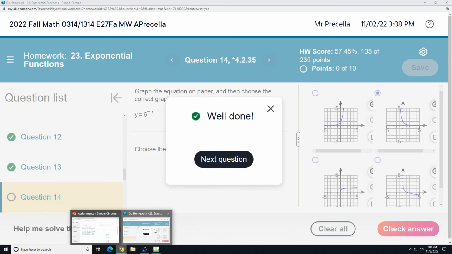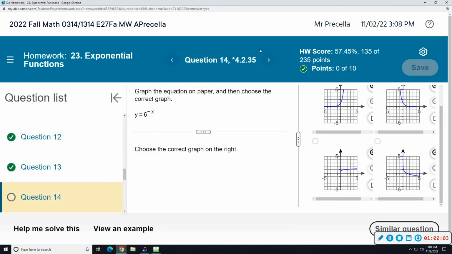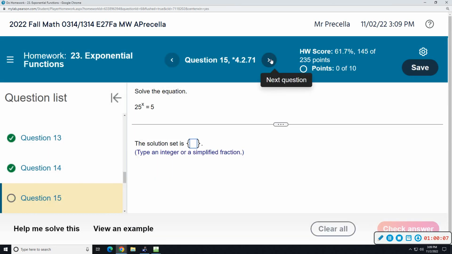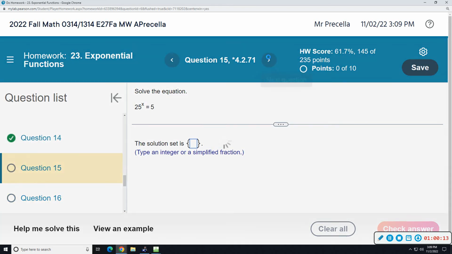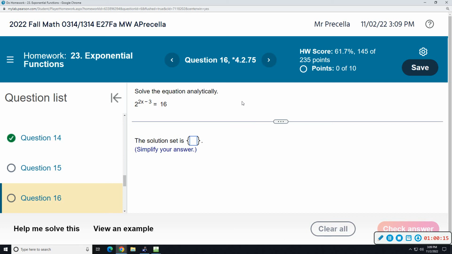Okay, let's look at number 16. I think number 16 is a great first example. Let me write it down. 2 to the 2x minus 3 is equal to 16.